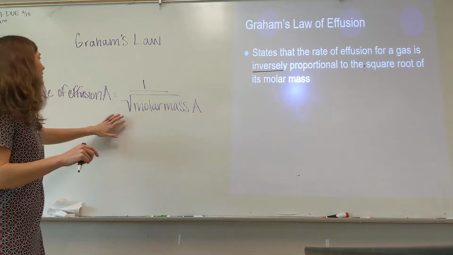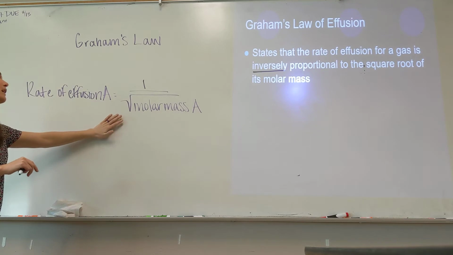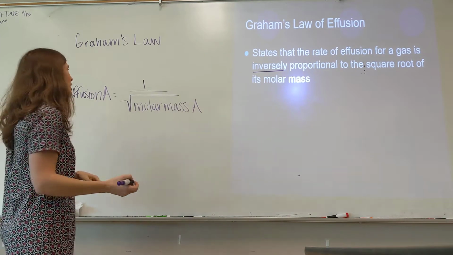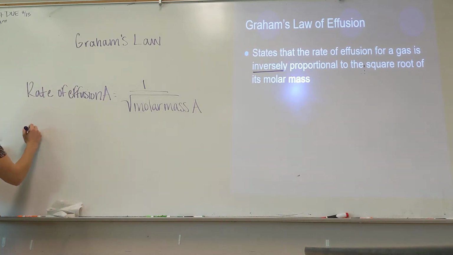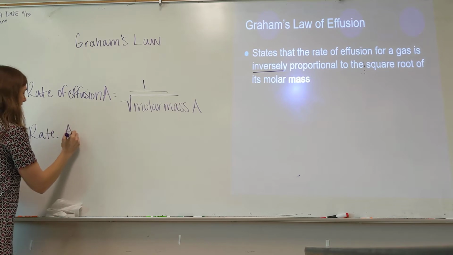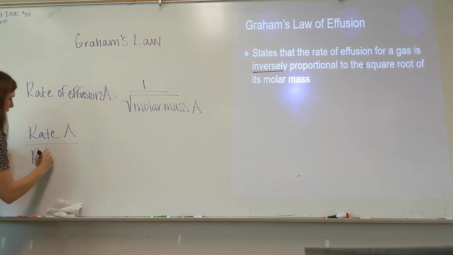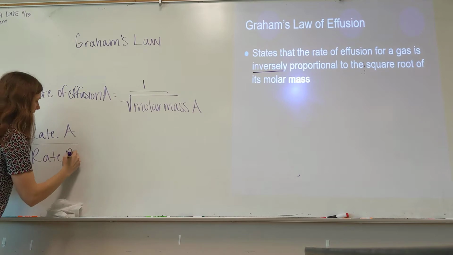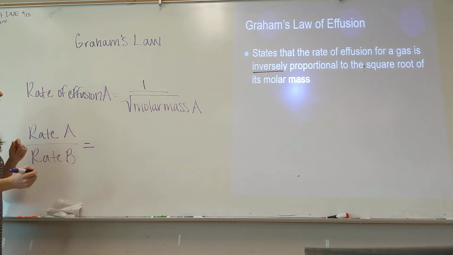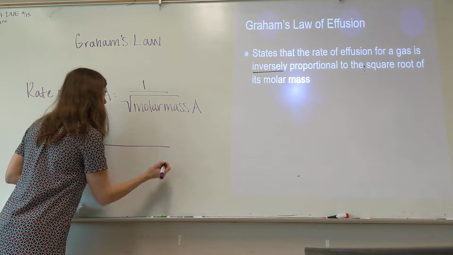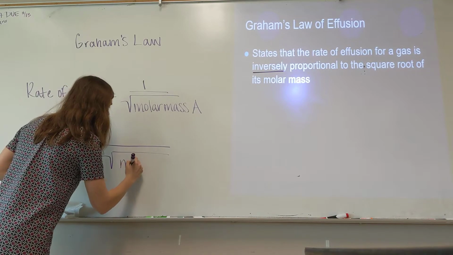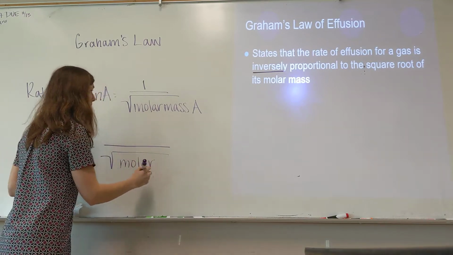All right, a lot of times we're not actually calculating the rate of effusion of one gas. We actually want to compare gases. So we might compare the rate of gas A to the rate of gas B. Since we have the rate of gas A on the top, we're going to keep the molar mass of gas A on the bottom.